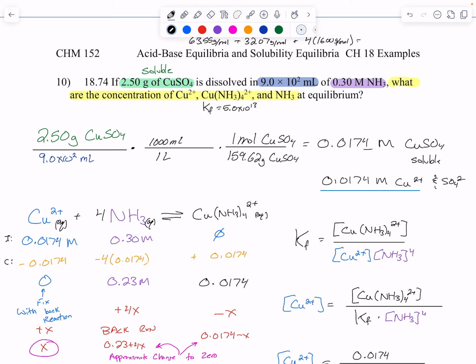I, C, and E. And we assume completion because Kf is large. But this can't be 0 down here for copper(II).